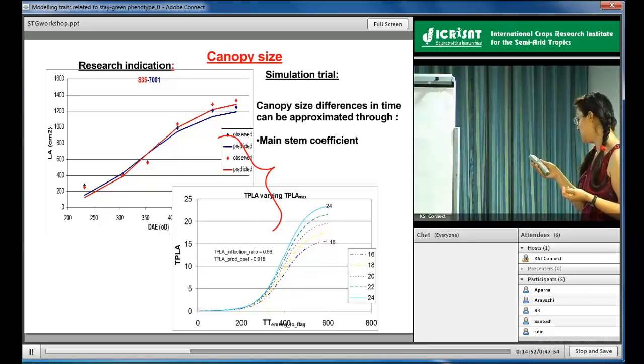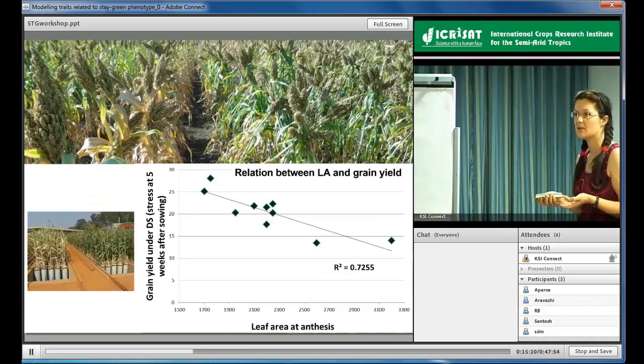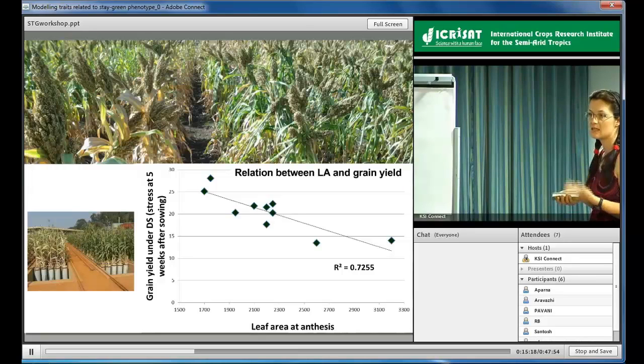And if we introduce this trait to M35, or first I will show you, as shown on this slide, we have a really good research indication that leaf area at anthesis, meaning the maximum leaf area attained by the genotype, links very well to the grain yield production in a very severe stress scenario.